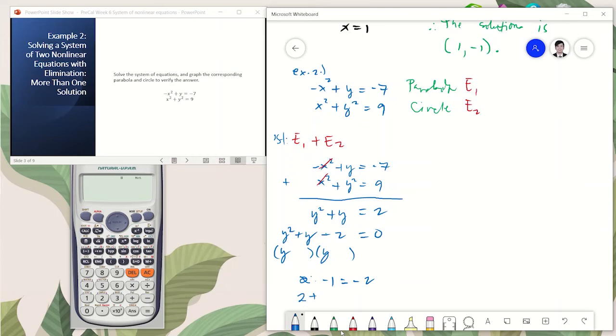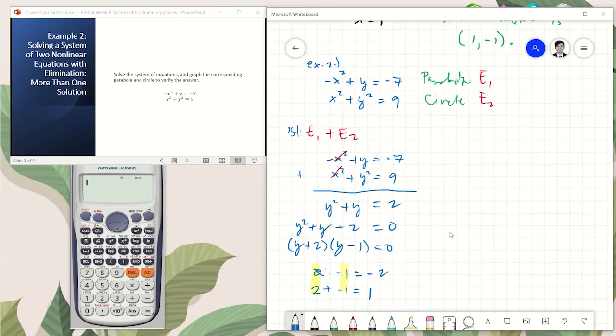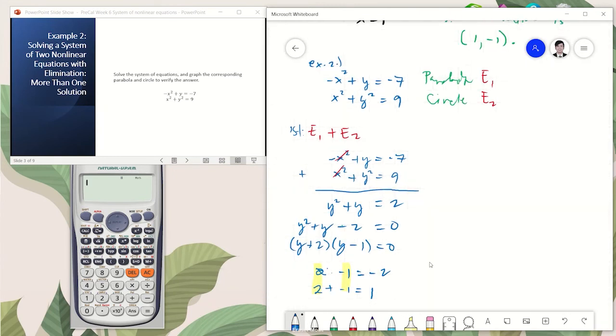But when we add 2 and negative 1, that would result to a 1, which is our middle term. So this is correct, the 2 and negative 1. So you plug in plus 2 in here and then minus 1 in here. So let me just erase this.